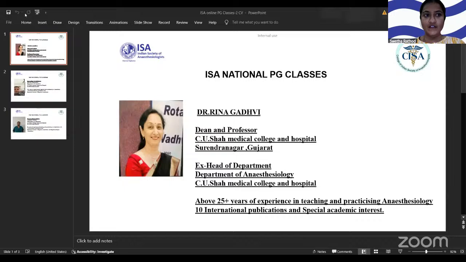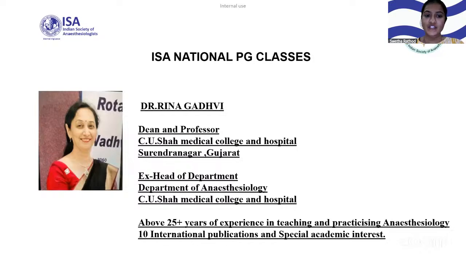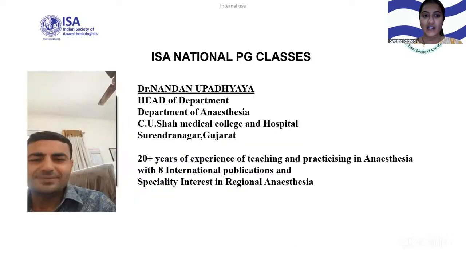We have three faculties today. First is Dr. Reena Gadvi ma'am, who is Dean and Professor of CU Shah Medical College and Hospital, Surendranagar, Gujarat. She is ex-HOD of the Department of Anaesthesia, has 25 plus years of experience in teaching and practicing, and 10 international publications, and her special interest is academics.